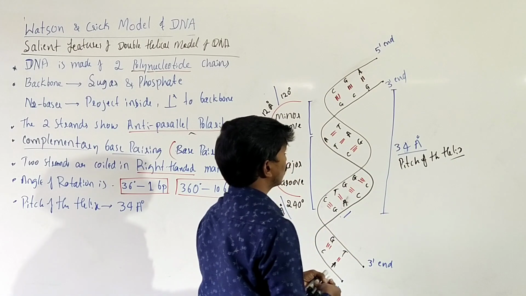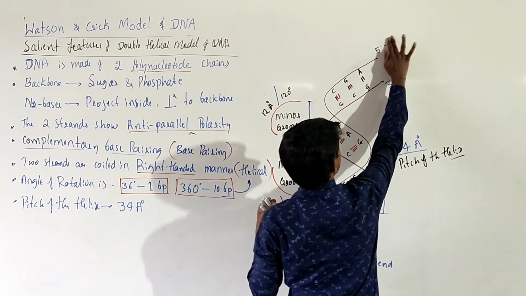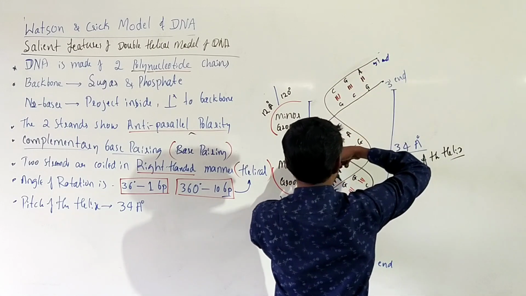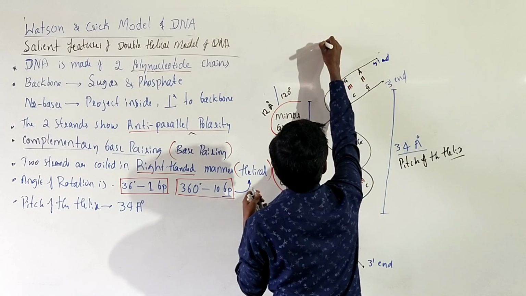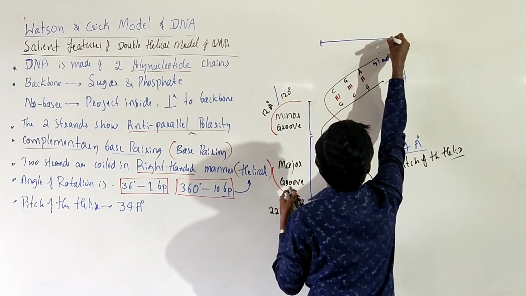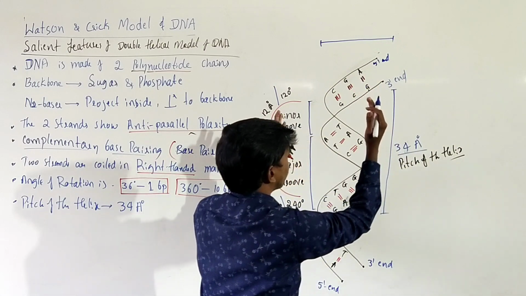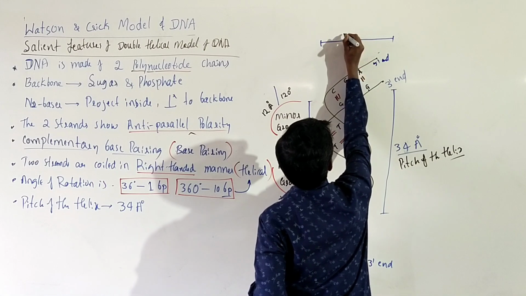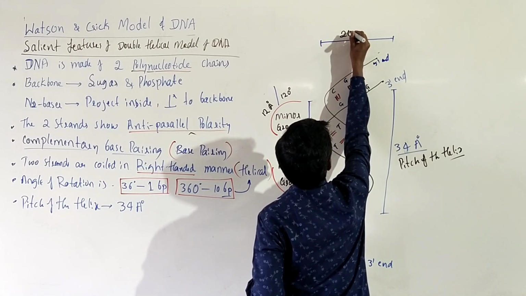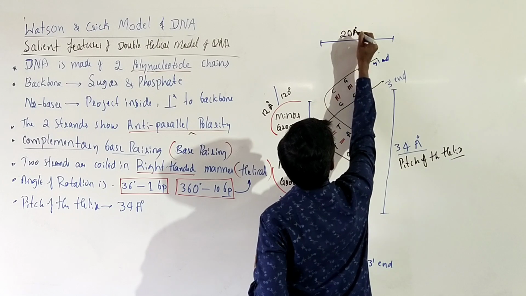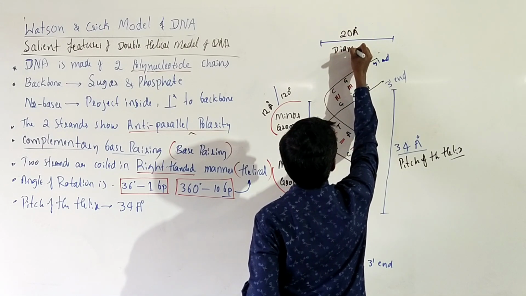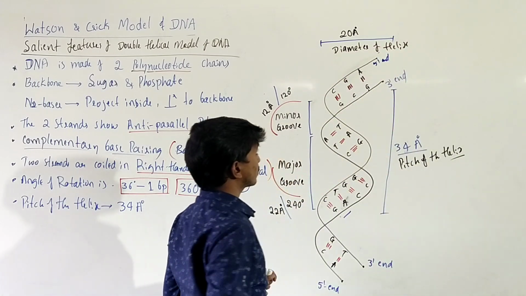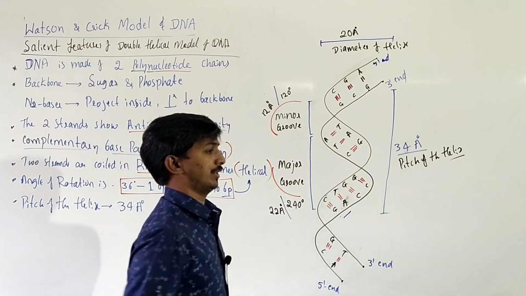This is called the diameter of the helix. That is nothing but 20 angstrom. The coiling will not go out of this diameter.